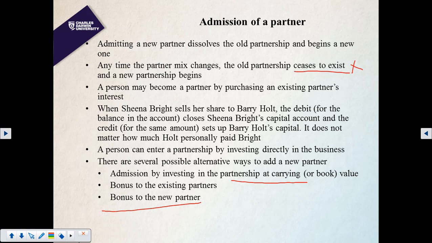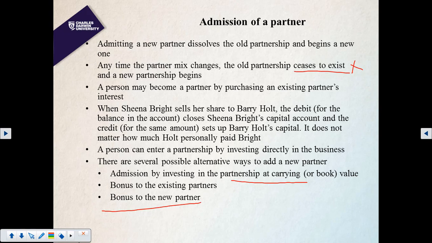So we'll see each of these cases. Sometimes a partner is coming and contributing very little, but we are still giving him 1/3. It could be the opposite as well. The partner is coming and bringing a lot of money, more than 1/3, but we are giving him 1/3. There could be different reasons. One is our business is in trouble and we desperately need someone who is very skilled.